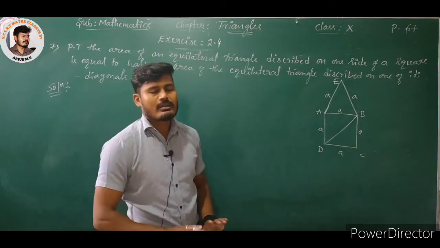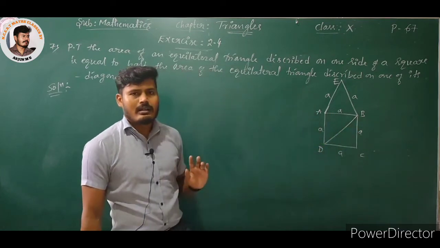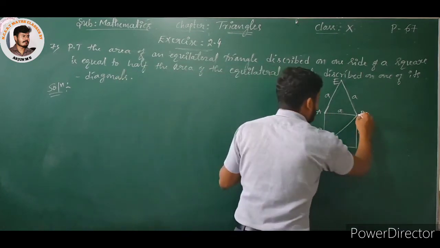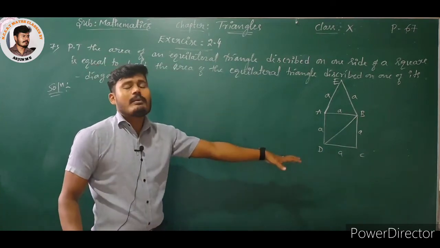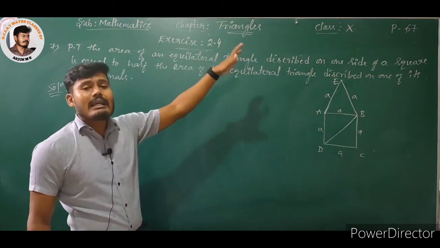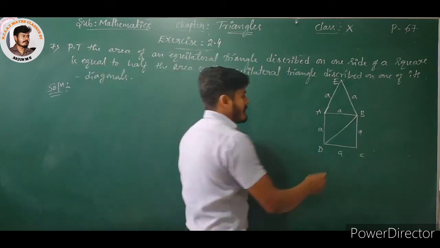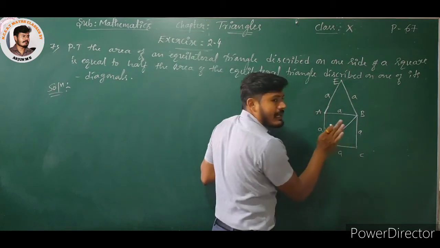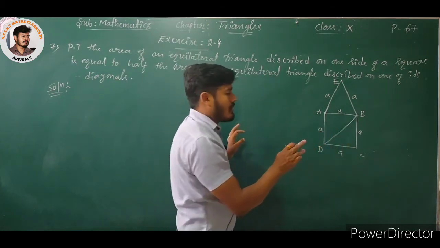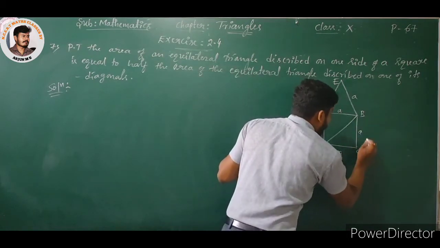That is also correct, no problem. So I would like to take this diagonal. I am satisfied with this diagonal, and I am going to describe one more equilateral triangle on that particular diagonal. Don't confuse about B, C, D. You just draw like this.